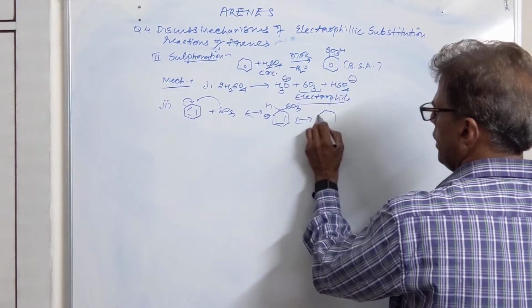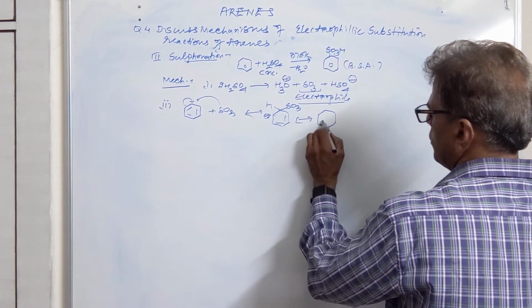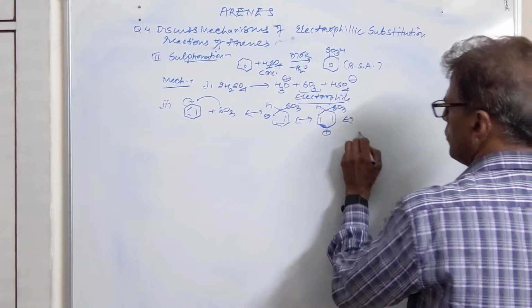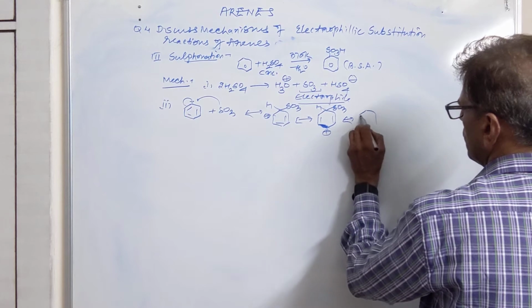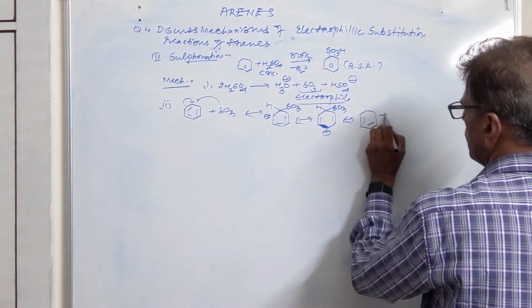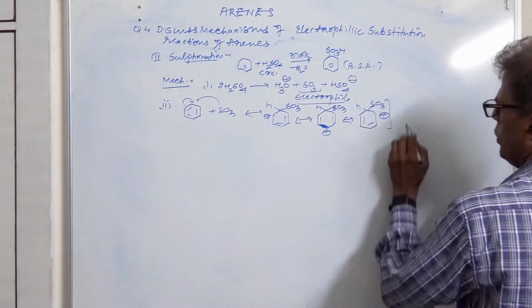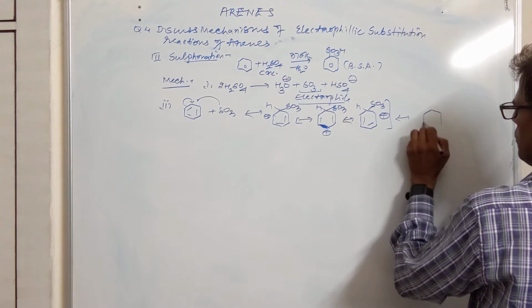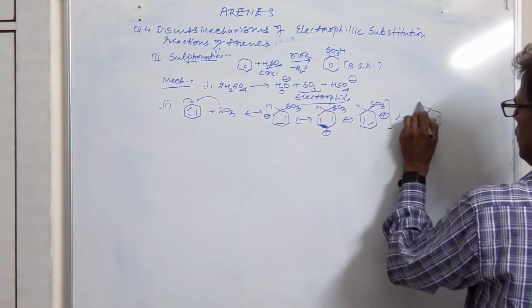This will enter into resonance here. Now we see the resonance hybrid. Positive charge flows from here.